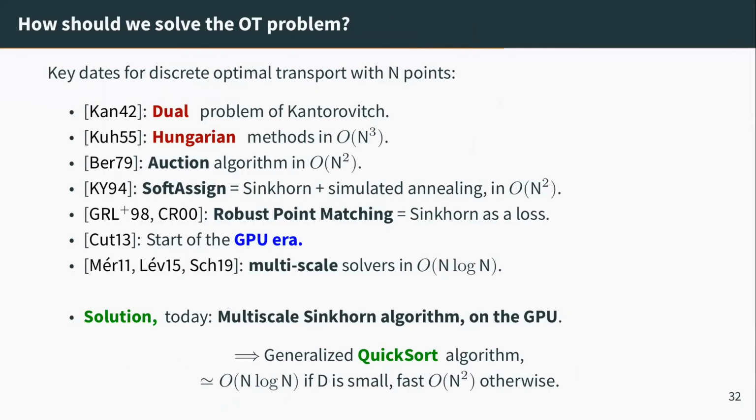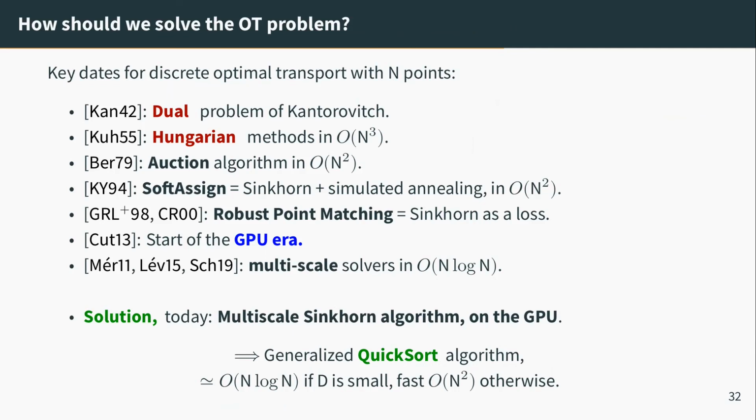This problem has been a very strong motivation in applied mathematics since the 1940s. If you look at the literature, every decade you have progress being made. For instance, back in the 1940s, Leonid Kantorovich understood that you do not have to work with a large n by n matrix.